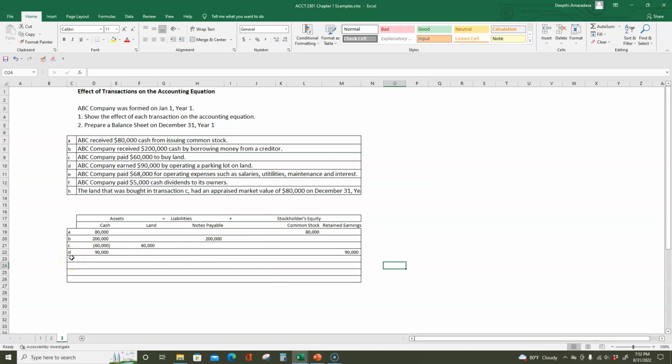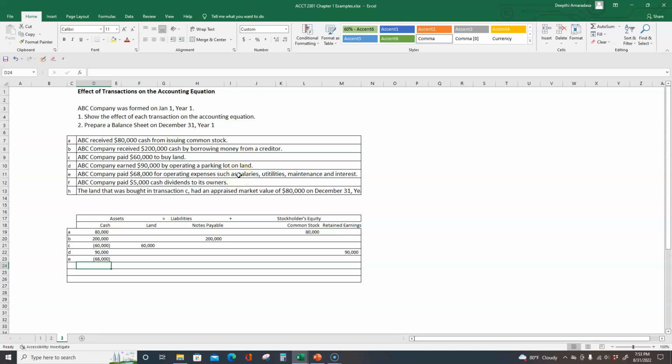Let's look at transaction E. Transaction E says ABC Company paid $68,000 for operating expenses such as salaries, utilities, maintenance, and interest. Now, the company paid $68,000 cash, so money went out, our cash decreased. I'm going to decrease my cash by $68,000. What else happened? Well, we know that operating expenses are expenses.